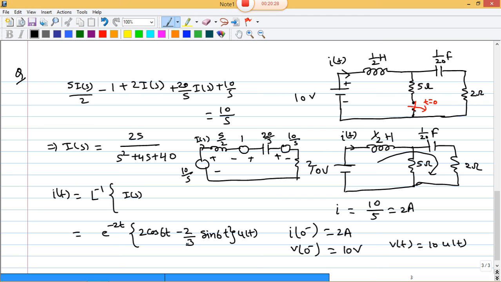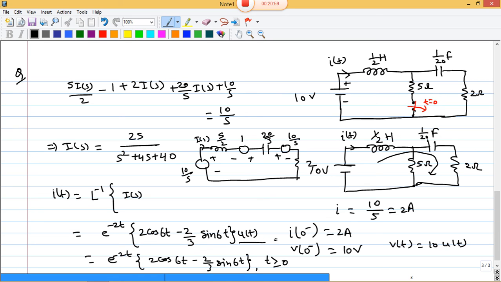So this equation is valid for u(t). We can write here e to the power minus 2t, 2 cos of 60 minus 2 by 3 sine of 60, which is valid for t greater than or equal to 0. Why? Because u(t) is there. So this current is valid for t greater than or equal to 0.